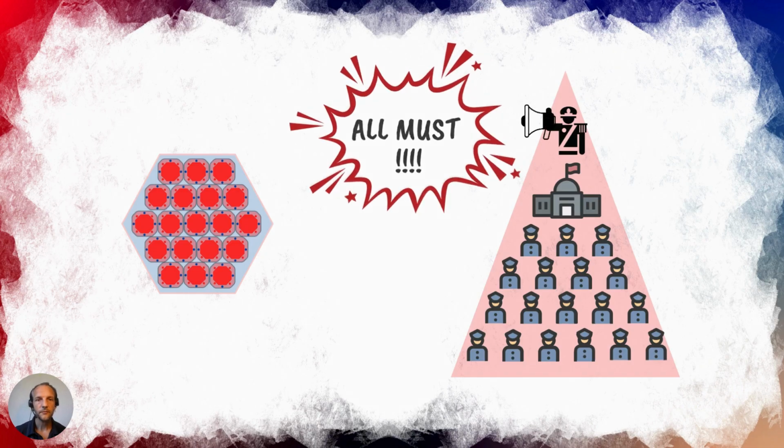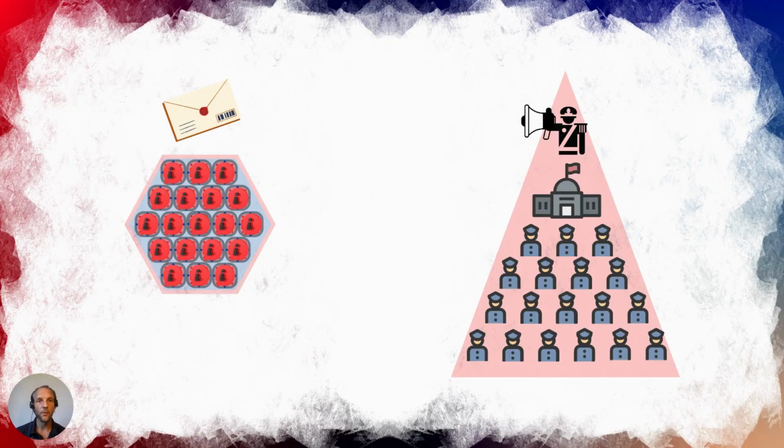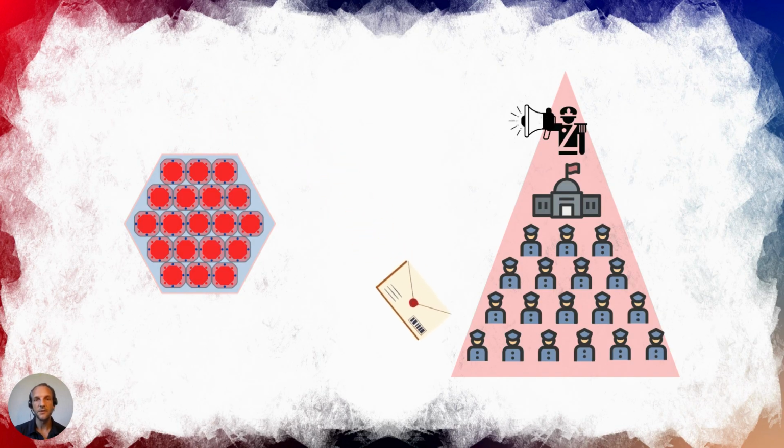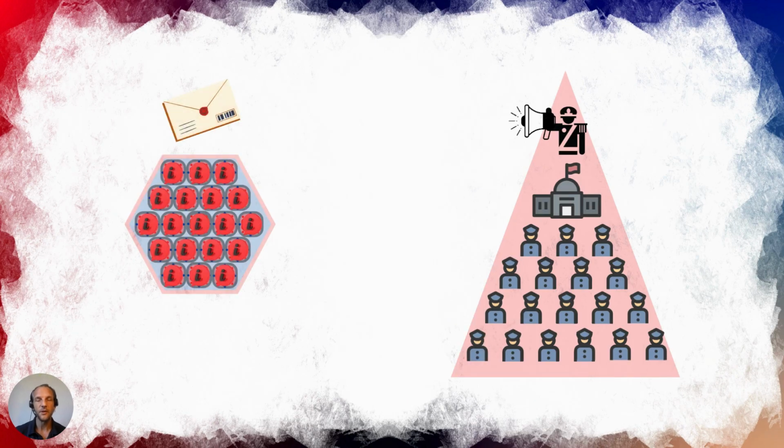So we receive that information, and again, like I explained in the previous example, that information can be vetted, and we can see if it is something we want to take action against. When we decide that, we can form our response and send them a message that is legally binding, saying that we do not consent.